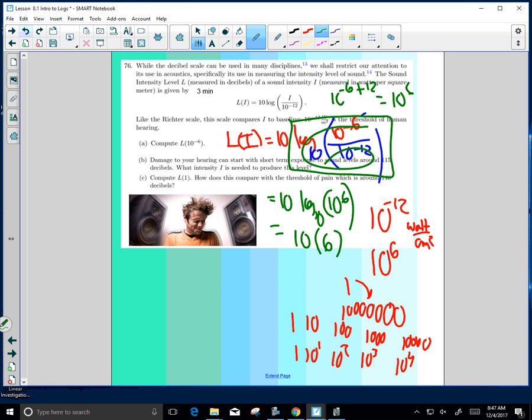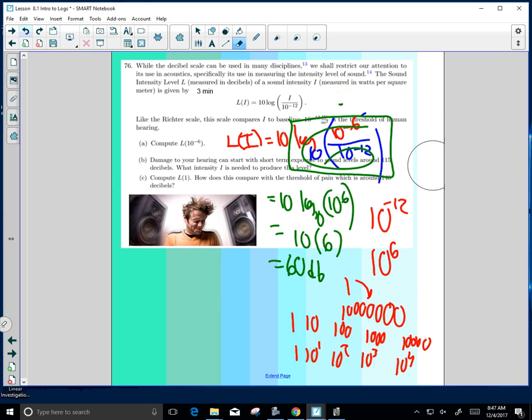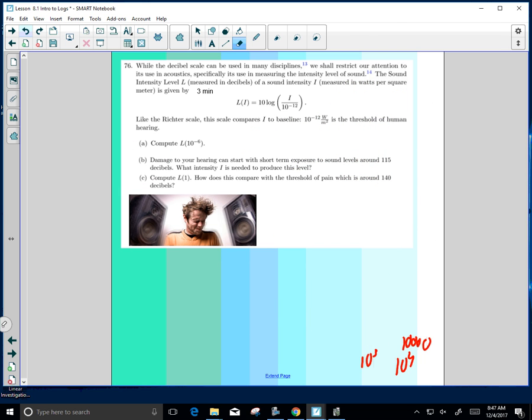It's 6 exponents of 10 above 10 to the negative 12. And decibel means they like the scale times 10, so this is going to be 60 decibels. 60 decibels is like yelling at each other for sound. Okay, then we get to the next one.